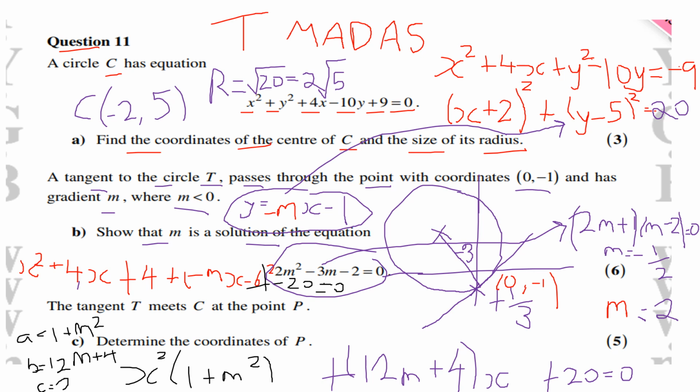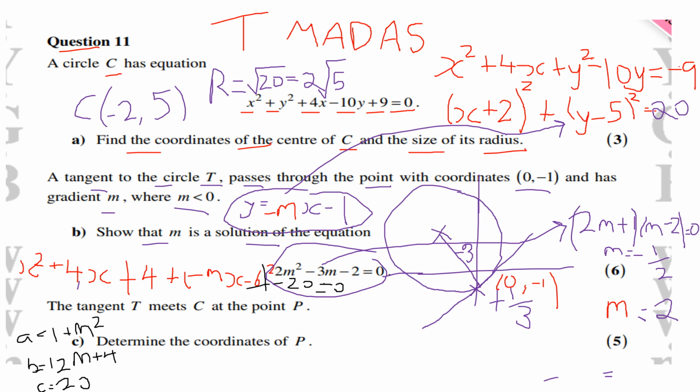We've got b squared minus 4ac is equal to 0. And then when we work it out, we will get that quadratic that is asked for. Sorry, guys, for taking a while, but I hope it makes sense thus far.